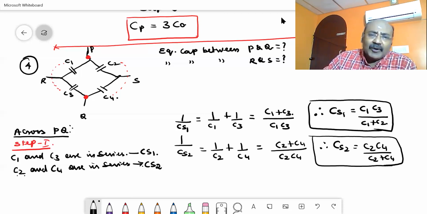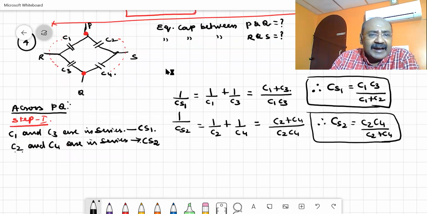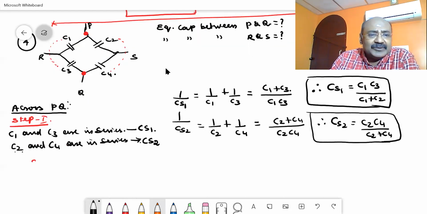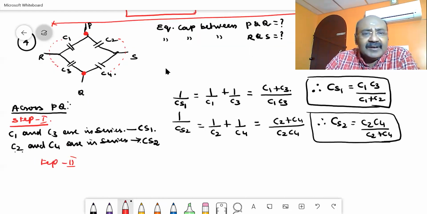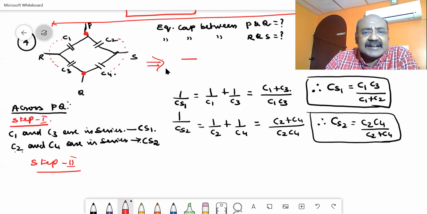Now, what about the next? When I am taking step 2, this combination of C1 and C3 is considered as CS1, and then these two again we can consider as CS2. These two combinations are in parallel.